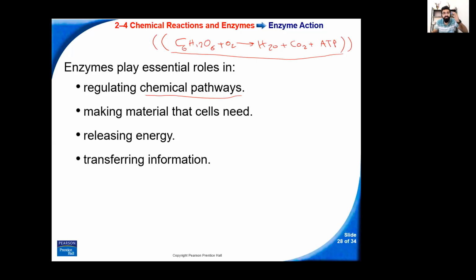Pathway means a series of chemical reactions, but they have to be ordered and arranged. How are they ordered and arranged? By the enzymes.